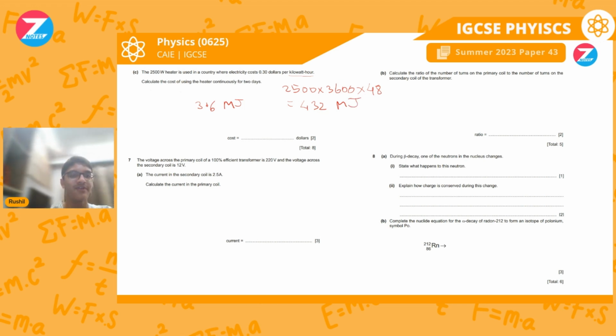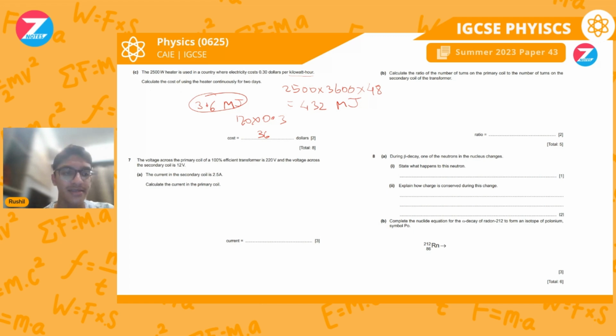If we divide it by the energy of 1 kilowatt hour, the number of kilowatt hours is 120. So 1 kilowatt hour costs $0.3, so 120 kilowatt hours cost 120 × 0.3, which is 36 dollars.